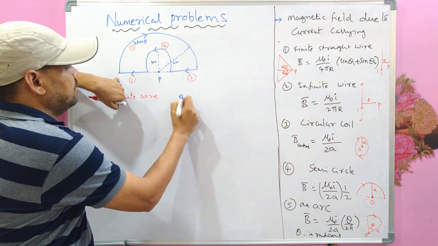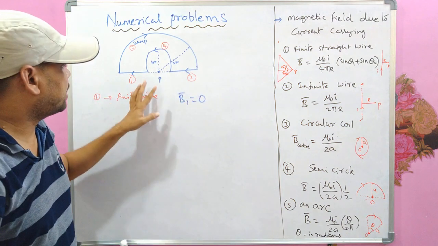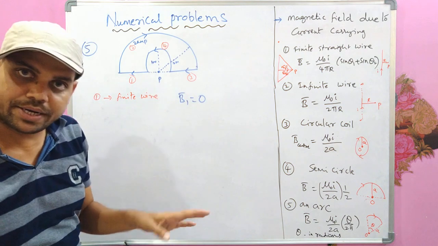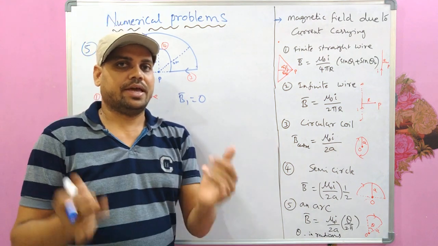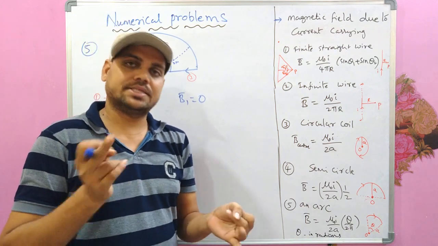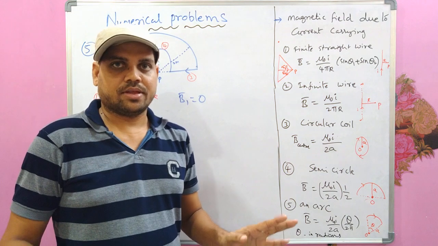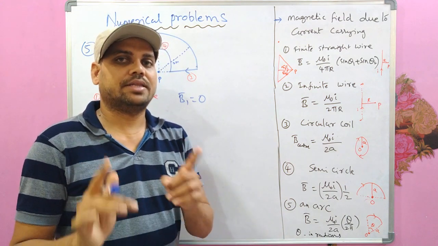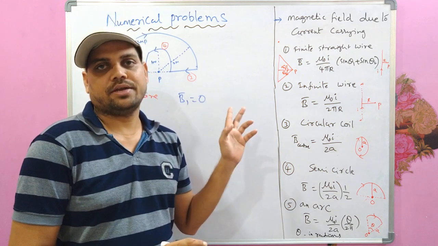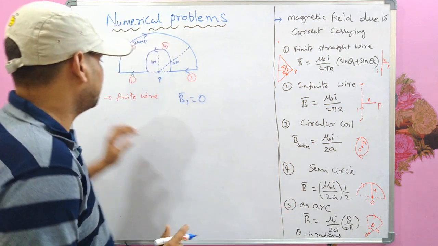So B1 will be 0. Remember, the magnetic field at a point where that point is on the line of either finite wire or semi-infinite wire or infinite wire. If P is on its line, then at that point the magnetic field would vanish. Okay? Remember this.